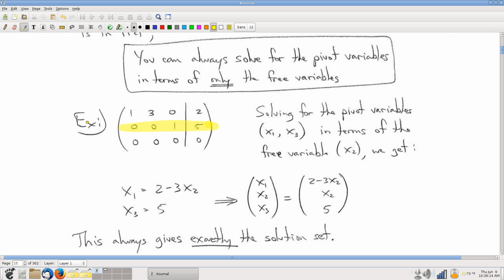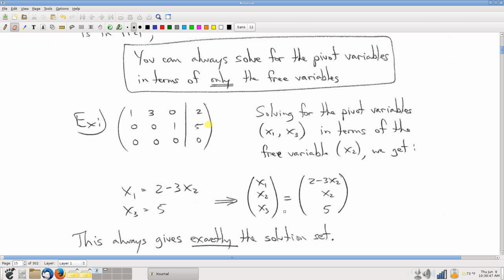Well, because that corresponds to the variable x3, and I have chosen to make x3 be whatever it has to be to satisfy that equation. I deliberately, by solving for x3, by solving for that pivot variable in terms of whatever it has to, and the free variables perhaps, but aren't there in this case, I'm guaranteeing that that equation is going to work.